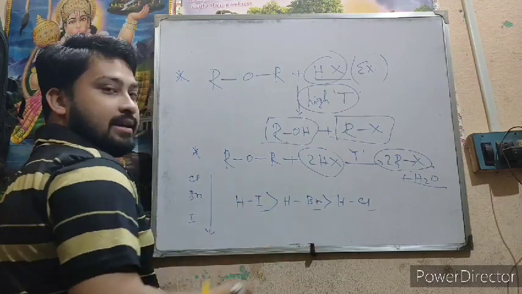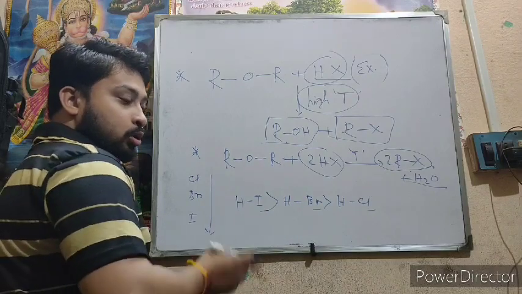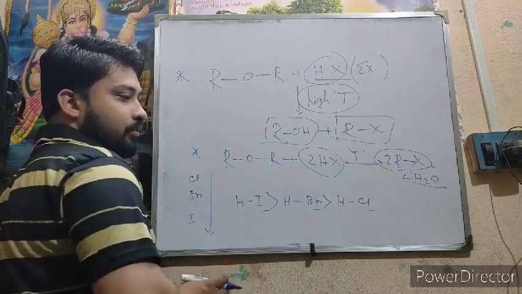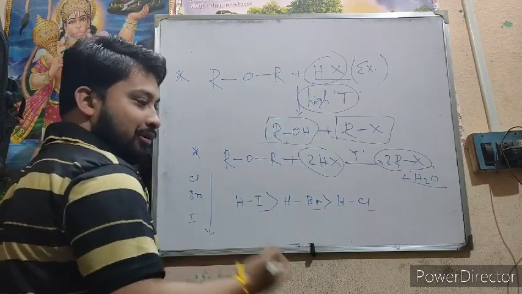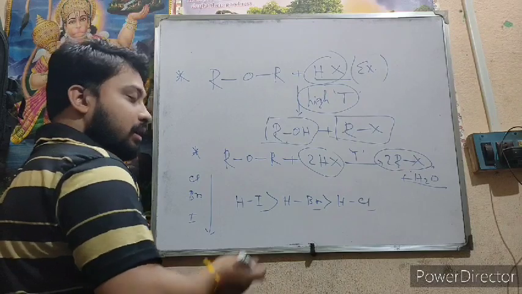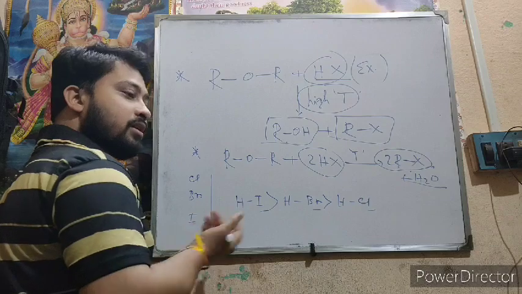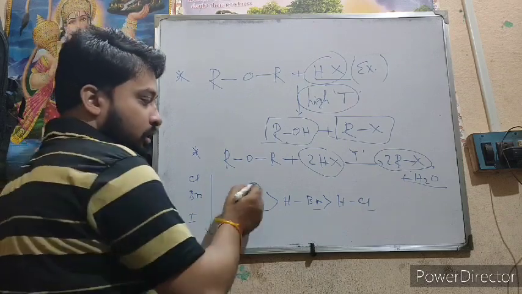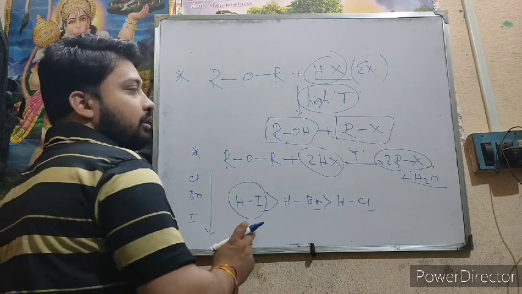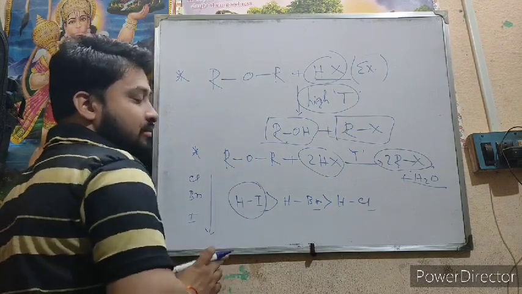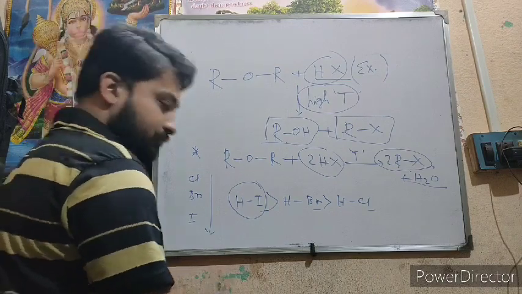As the radius is increasing, the size is increasing. As the size is increasing, the bond length is increasing. As the bond length is increasing, the reaction rate increases. So as the bond length between hydrogen and iodine is high, this reaction is very suitable with this compound.